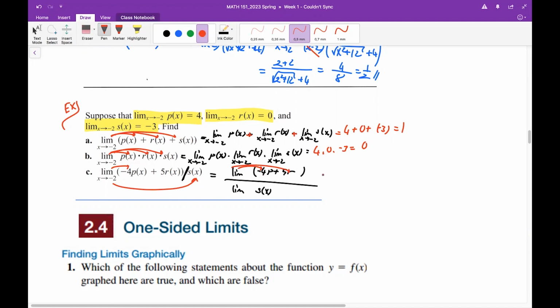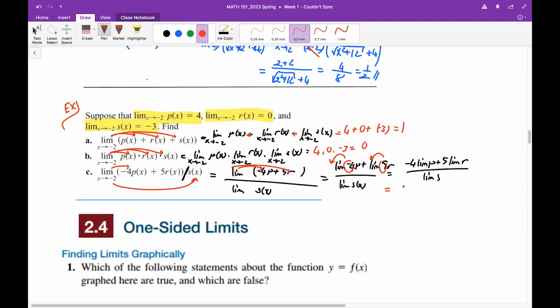So I will write two different limits for the numerator now, and limit of s of x at the denominator: limit of minus 4p plus limit of 5r. And this property is also nice. You can take constants out from the limit operation so that you have minus 4 times limit p plus 5 times limit r divided by limit of s.